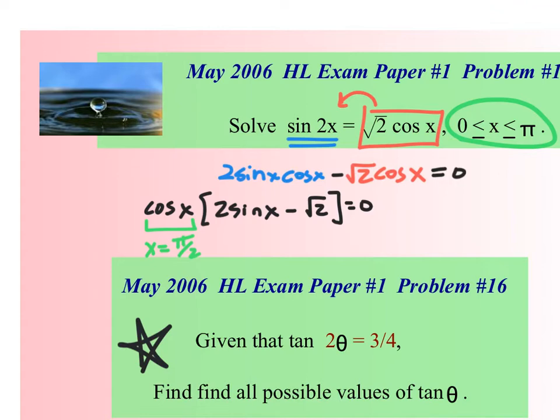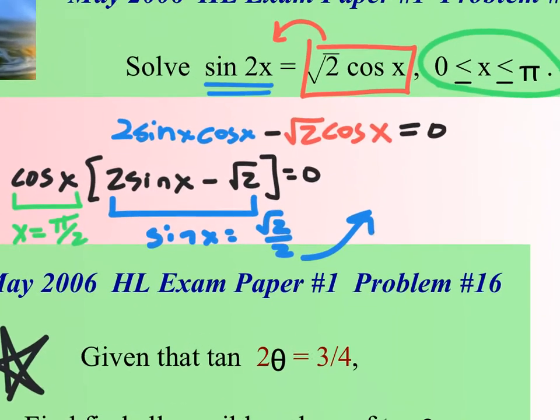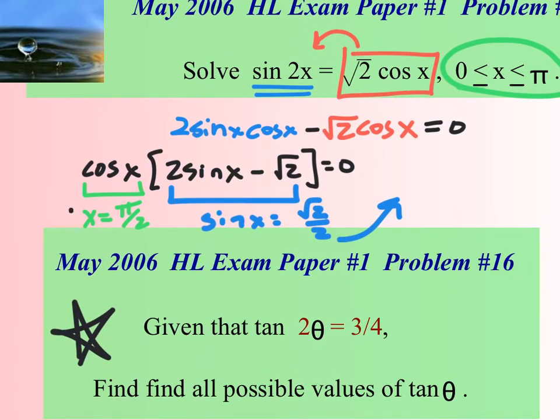Or this right here has to equal 0, which would mean that sine x would equal root 2 over 2. That's going to yield me potentially a couple answers. I already know that x equals pi over 2 is an answer.